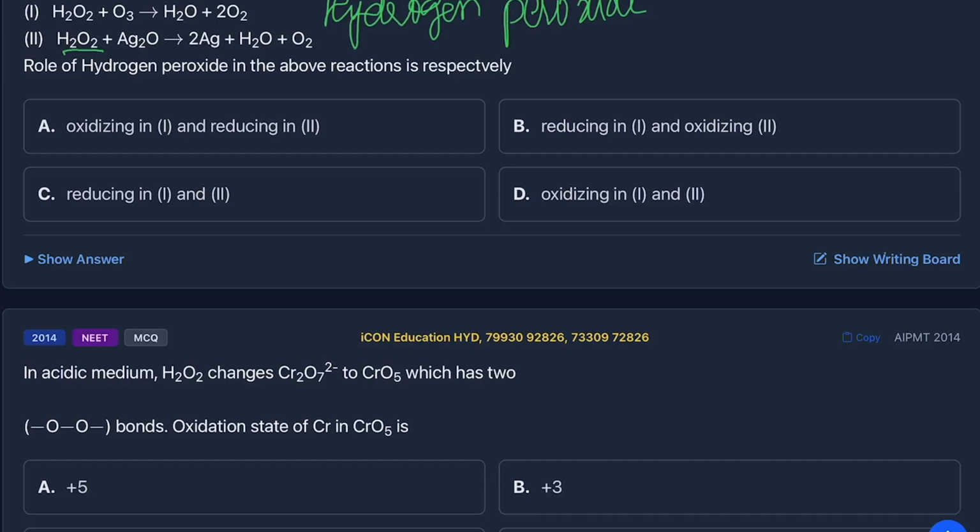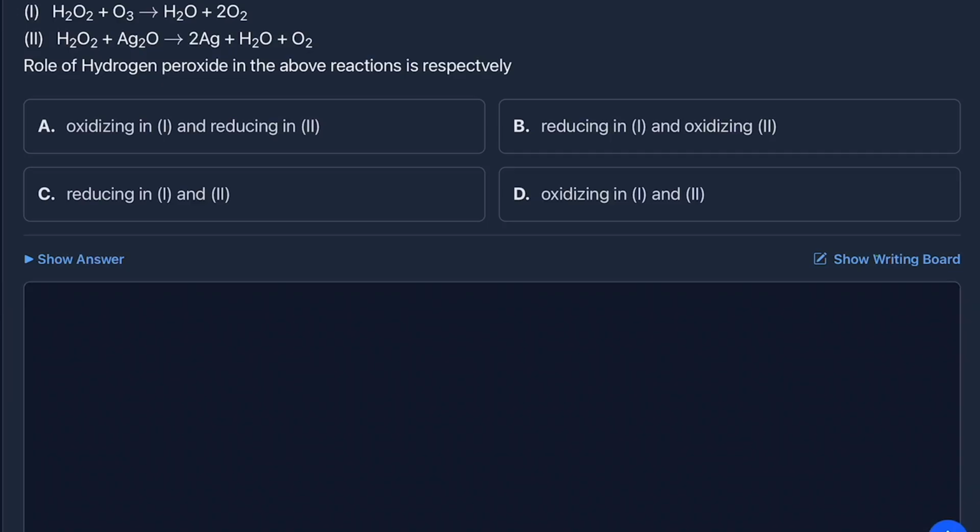So we can see H2O2 in the above reactions.